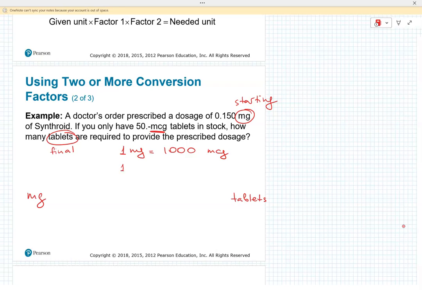What is that little dash in front of microgram? I think it's a typo, or maybe an intentional sort of typo, because they wanted to highlight that this number 50 contains two significant figures. That 0 is not just a placeholder, it's actually like a decimal point. So one tablet contains how many micrograms?